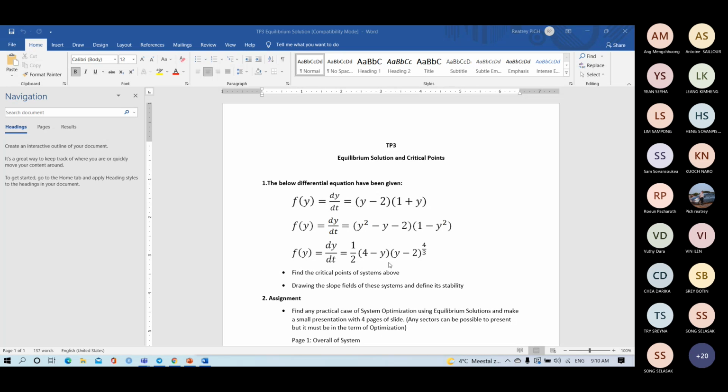The equation number 1 and equation number 3, if you just ignore the power, the value is the same.